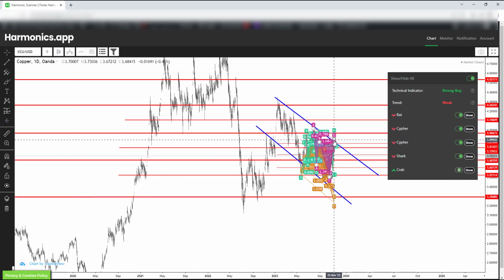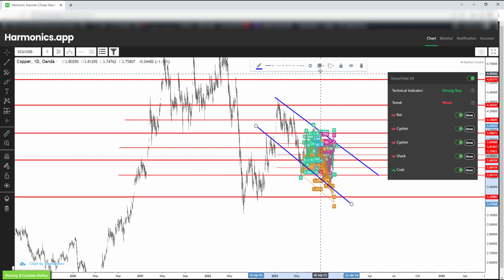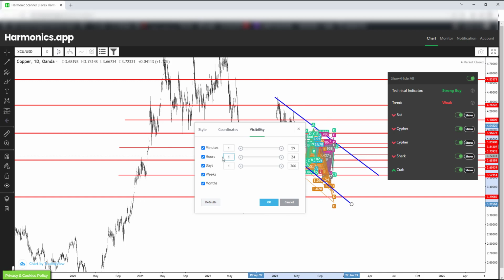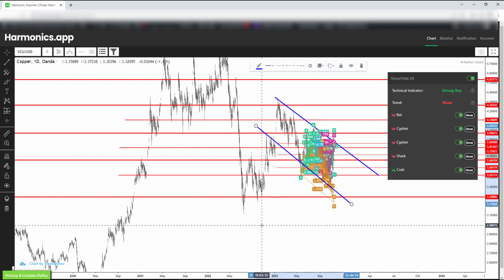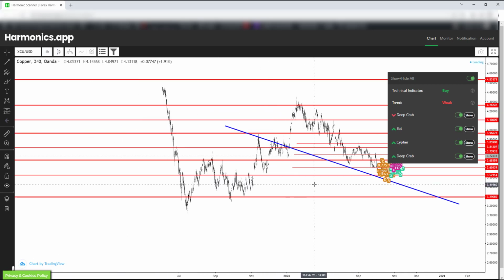a small glitch on the scanner. We can see it's not visible on the 4-hour time frame. Okay, and see the visibility here on the 4-hour time frame. Okay, now let's go to the 4-hour time frame.